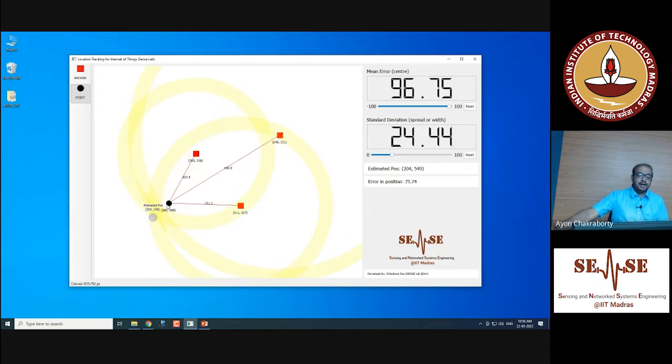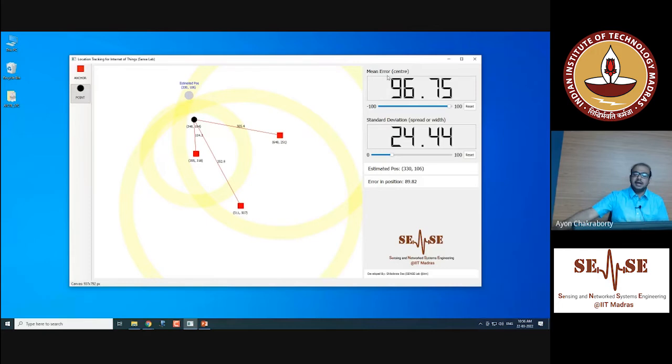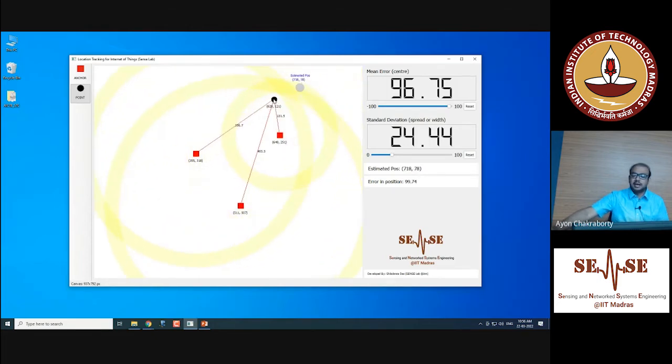If you simply play with this, you can see not only the values of the error. I know this 96.75 is basically your mean range error, and the standard deviation of that range error is 24.44. But you see that the error is not constant. The error in position, I am showing it in the right hand side box, right?